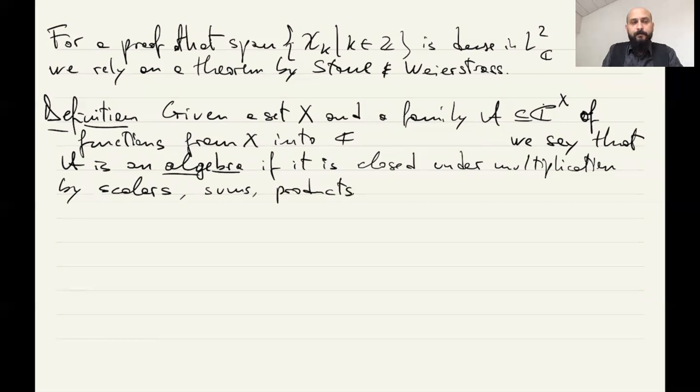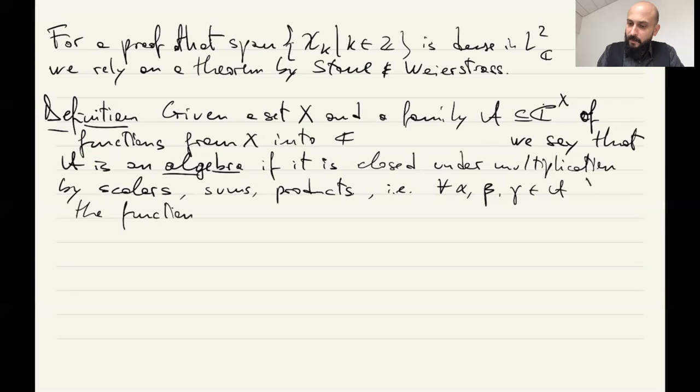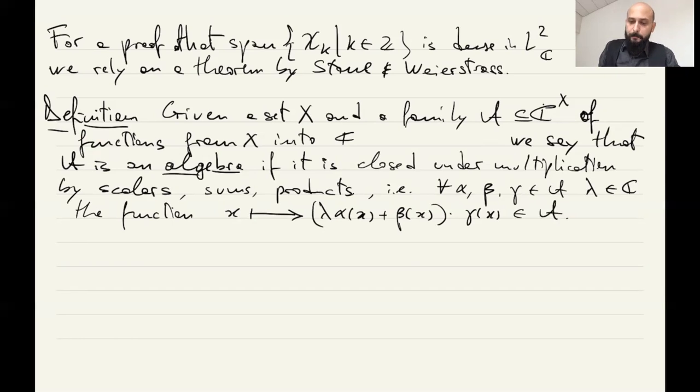In other words, if you have three functions alpha, beta, and gamma in A, and a scalar lambda in C, then the function x goes to lambda alpha x plus beta x times gamma x is in A. Okay, this is an algebra.